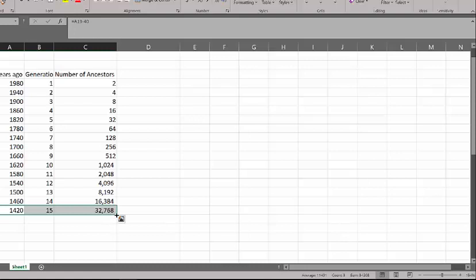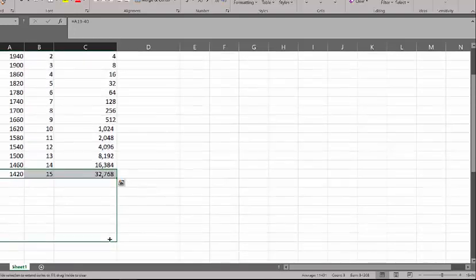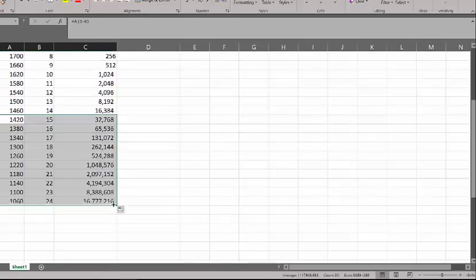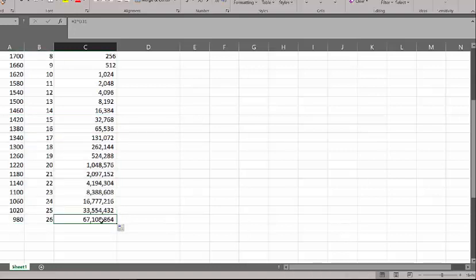And so let's continue our journey backwards in time through the generations. Let's go back to the start of the previous millennium. So at the start of the previous millennium, there would be about 67 million ancestors running around.